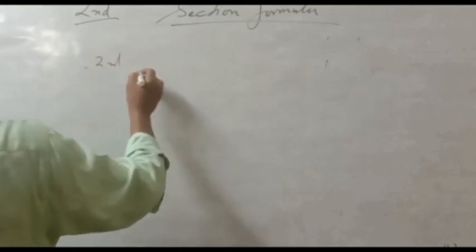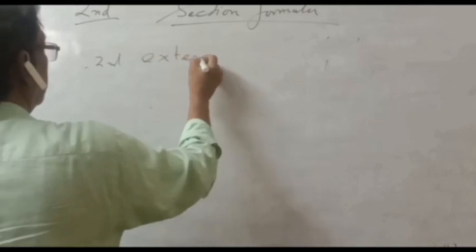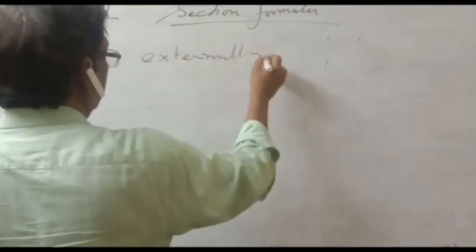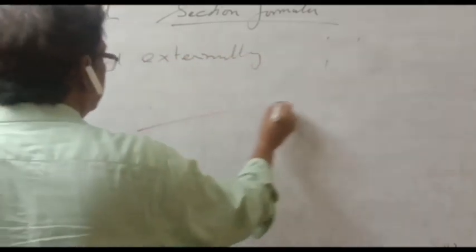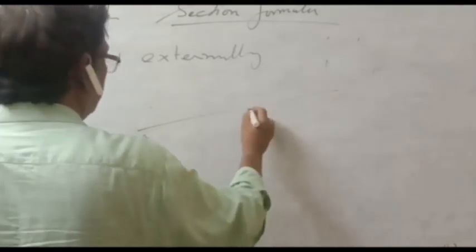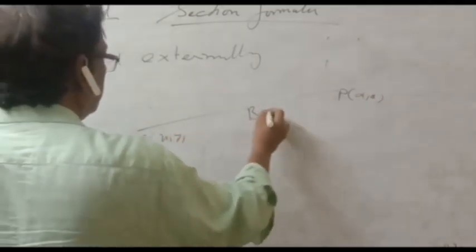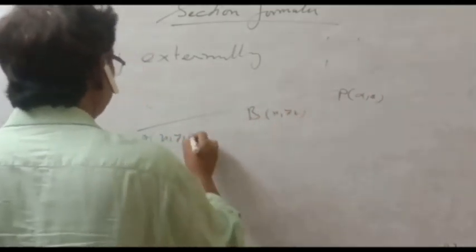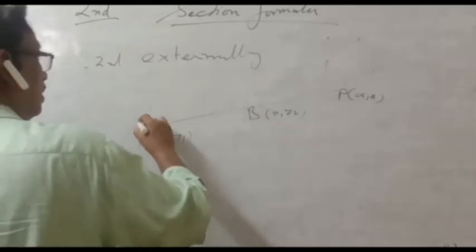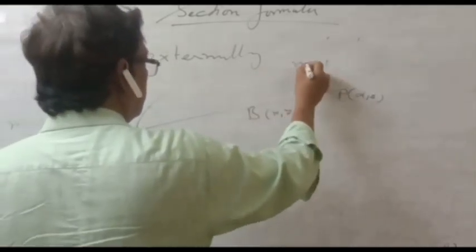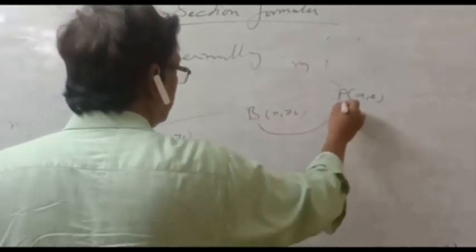Second, external division. A, B, P alpha beta with x1 y1 and x2 y2, externally. Here this part is m and this part is n.